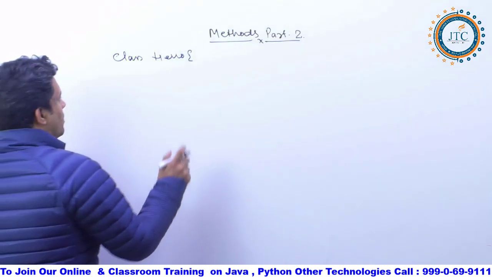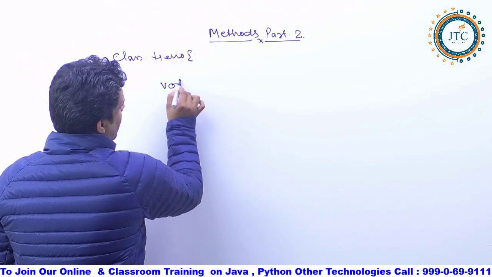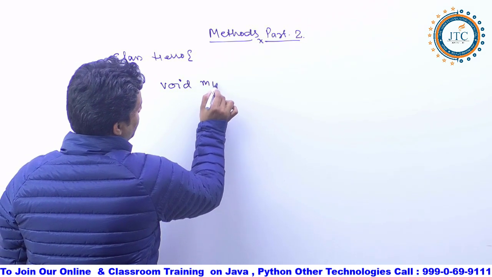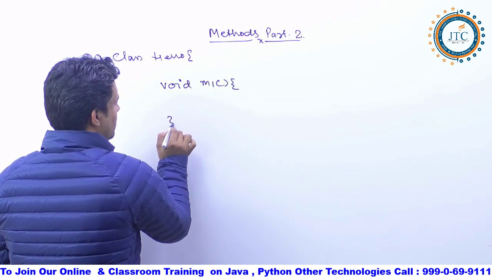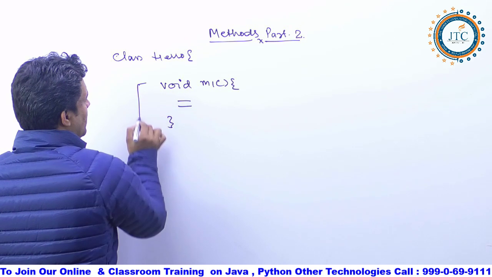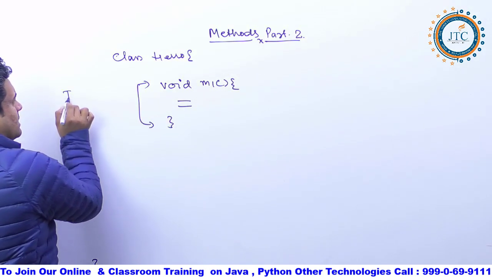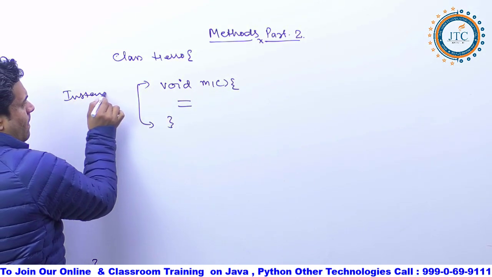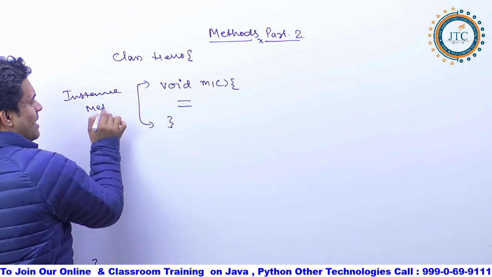So here now I am writing void M1 method. This particular method we are calling an instance method.